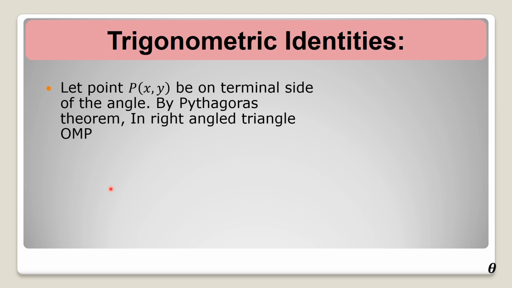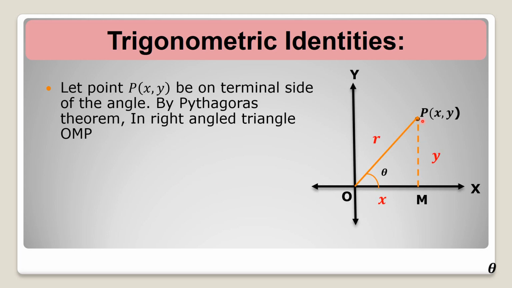Let's see, if we have a point with ordinates x and y and the base angle theta in right angle triangle OMP, the side opposite to the right angle is the hypotenuse. By Pythagoras theorem, we know that hypotenuse square is equal to perpendicular square plus base square.